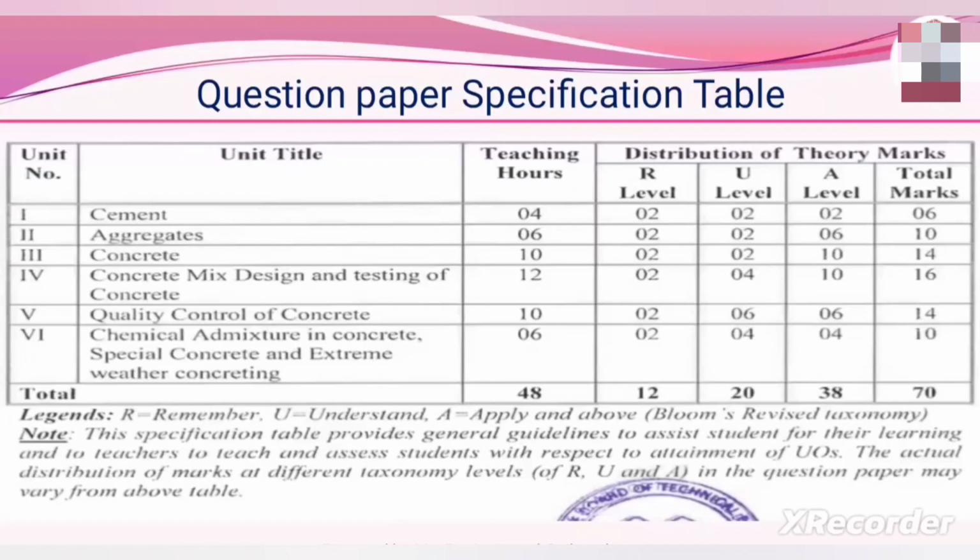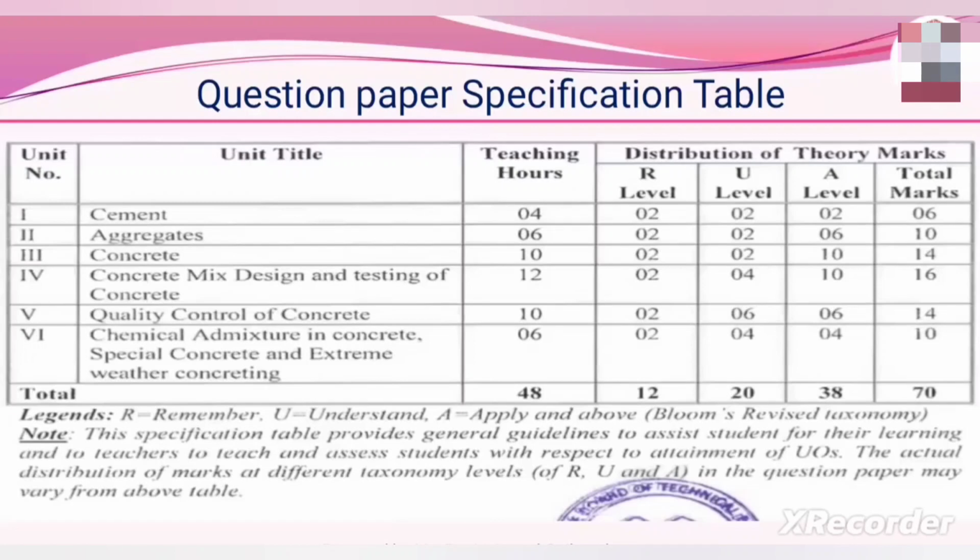Unit 3 carries 14 marks. Unit 4 carries 16 marks. Unit 5 carries 14 marks. Unit 6 carries 10 marks. So total becomes 70 marks. So you have 70 marks theory paper for this course.